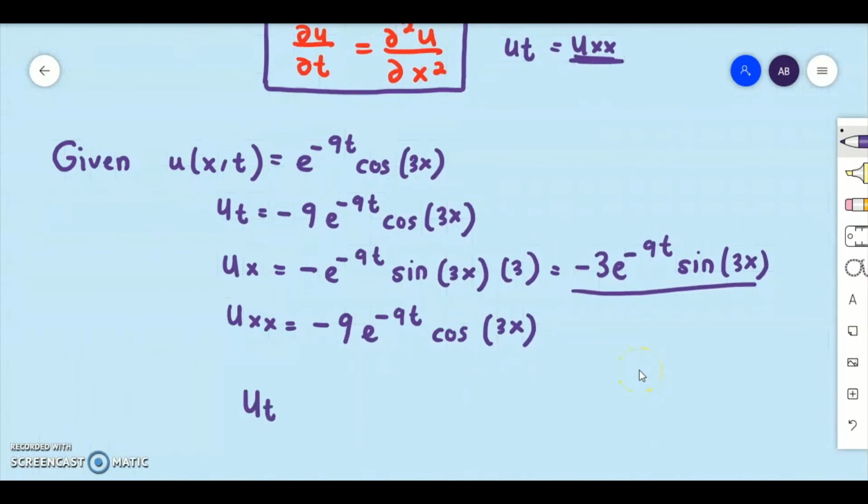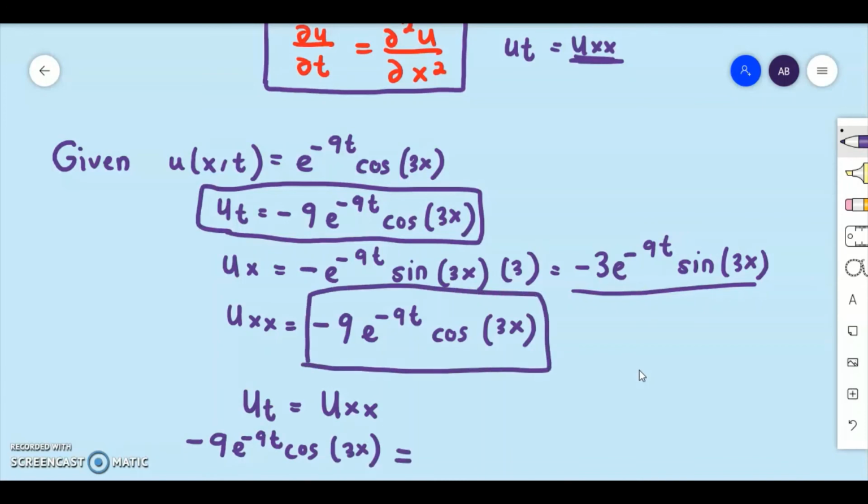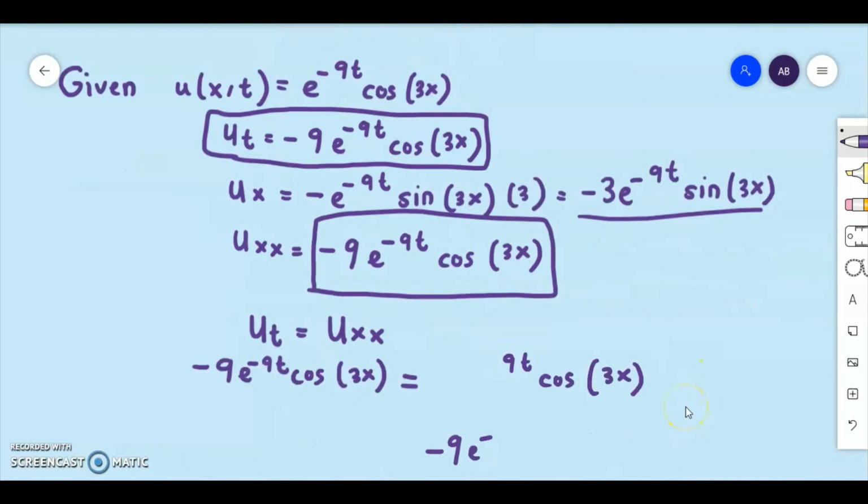It says show whether the function satisfies this, and we can see that my ut, which I have obtained as negative 9 e to the negative 9t cos 3x, is also equal to my uxx. So we got the same equations. It satisfies my given ut equals uxx.